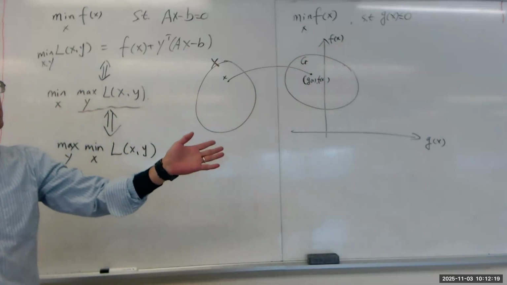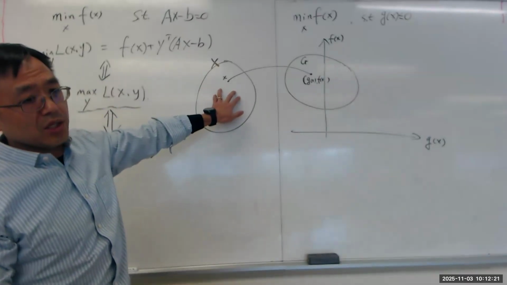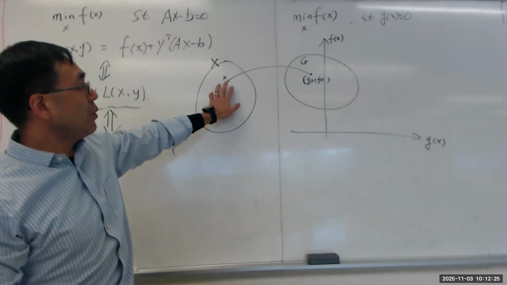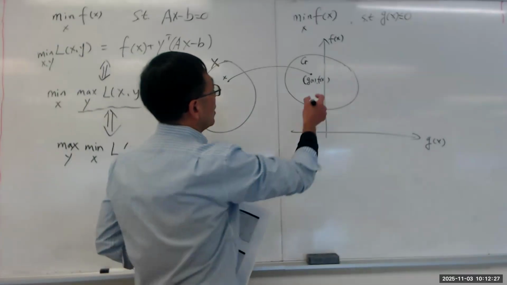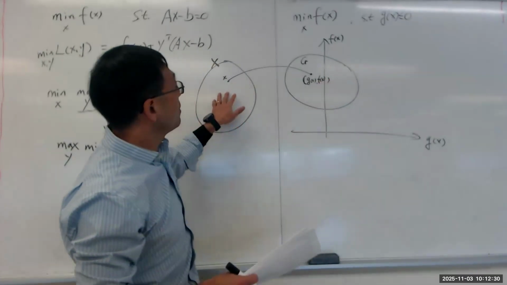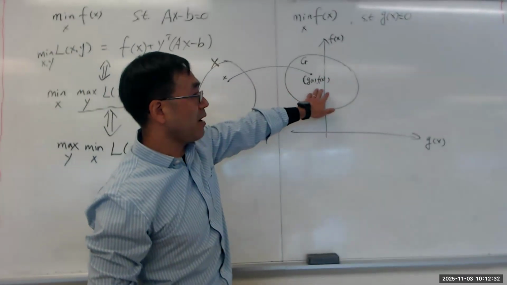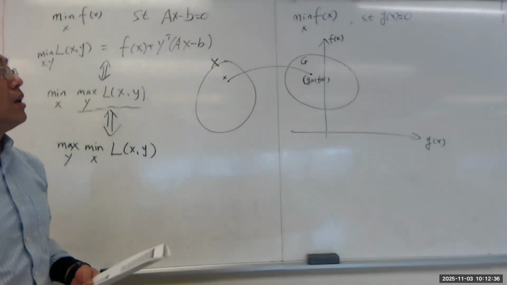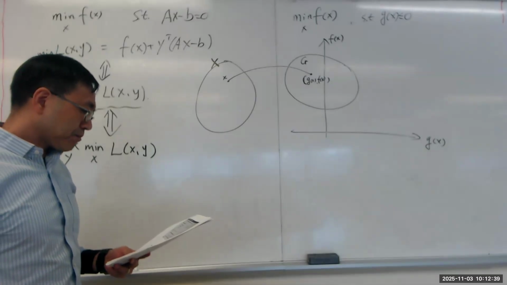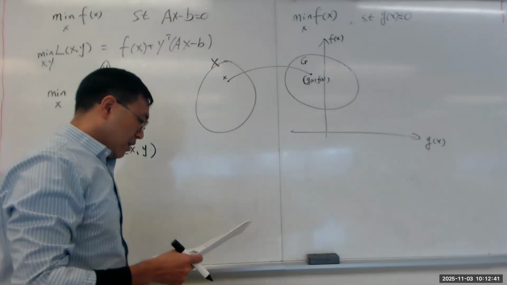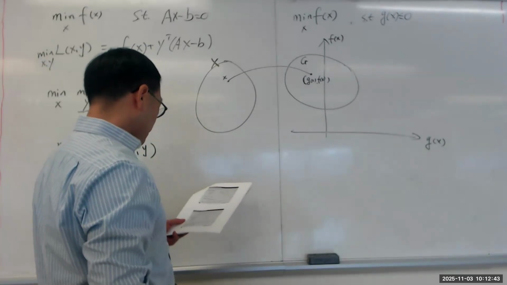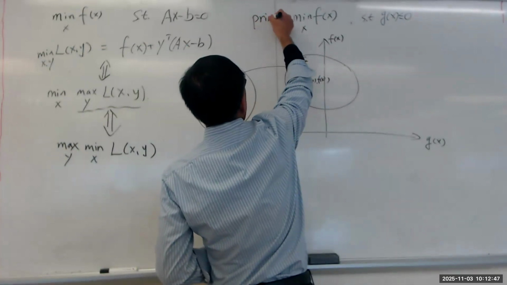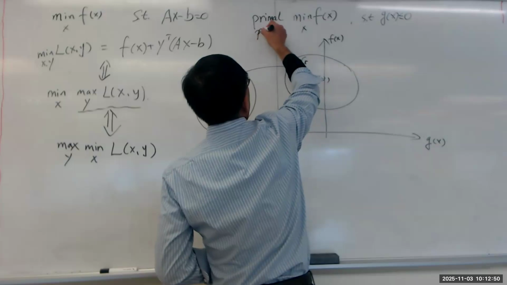For any value of x you take, whether it's a vector or whatever, you have one point. You can make the transformation, calculate g(x), calculate f(x), so you project it into this two-dimensional space. No problem, right? Now, this is called the primal problem.